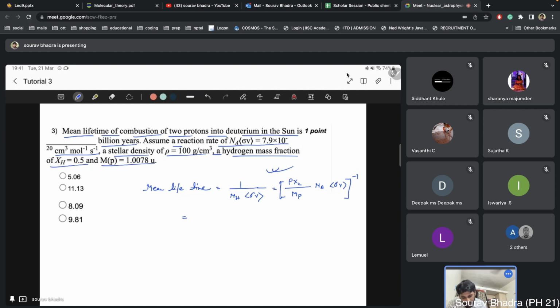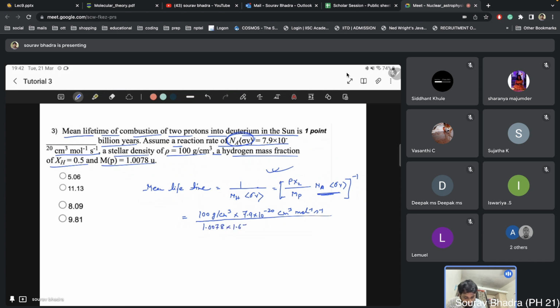So the rho is given as 100 gram per centimeter cube. Okay, this Na sigma v, you can see the total value of Na sigma v is given, which is 7.9 times 10 to the power minus 20 centimeter cube per mole per second, divided by the mass of protons, 1.0078 in AMU.